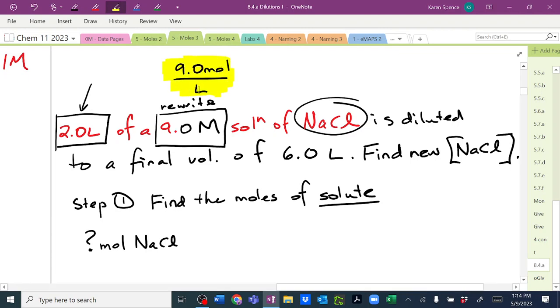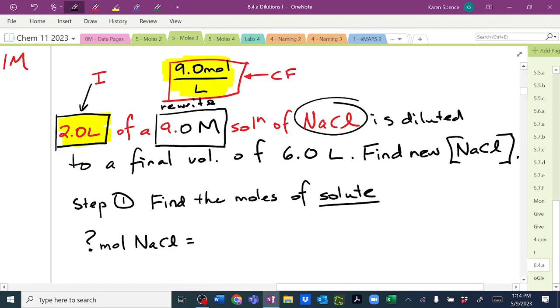If I have moles per liter and I have liters, can I find the moles? Yes. Which of these two is my initial quantity and which is my conversion factor? 2 liters is the initial and 9 moles per liter is the conversion factor.